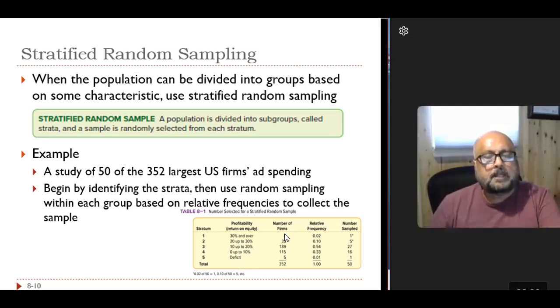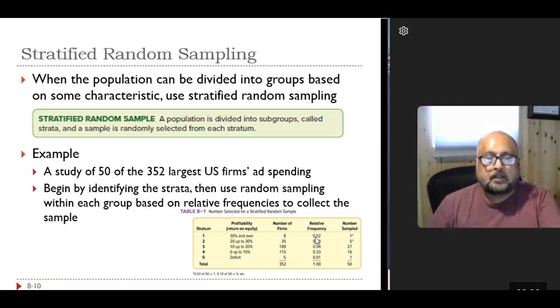Okay, then how many firms belong to each of these groups? So we have 8, 35, and so on. Because we know the number of firms that fall in different groups, we can calculate the relative frequency by dividing the number of firms by the total.